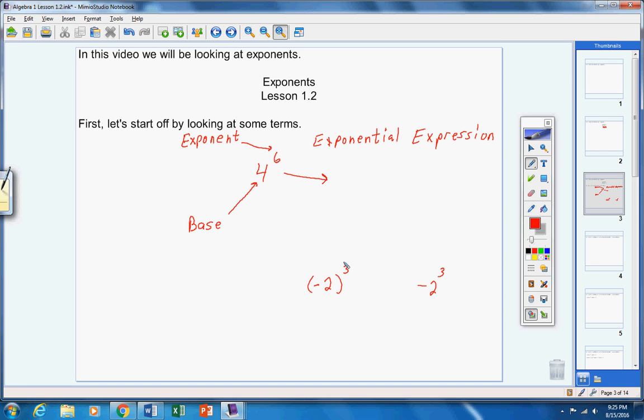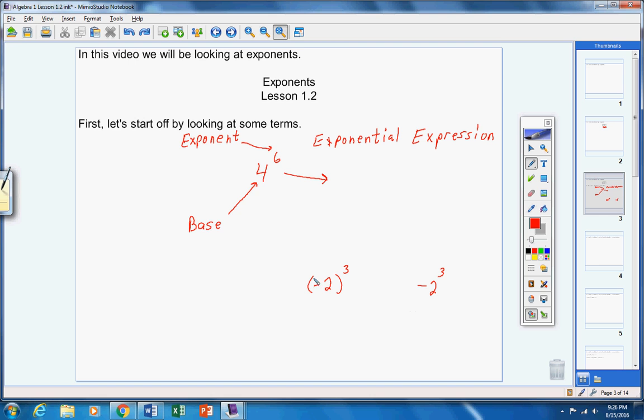Now, in both of these expressions, your exponent is a 3. Here's your exponent, and here's your exponent. However, when you look at both these expressions, probably all of you think that the base is -2, and that's not correct.